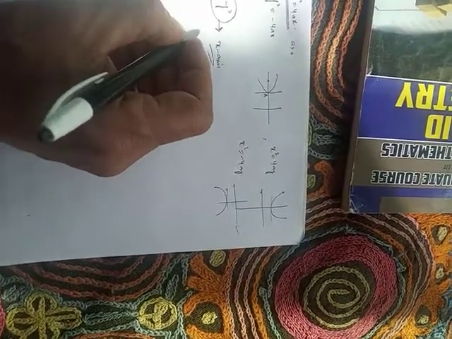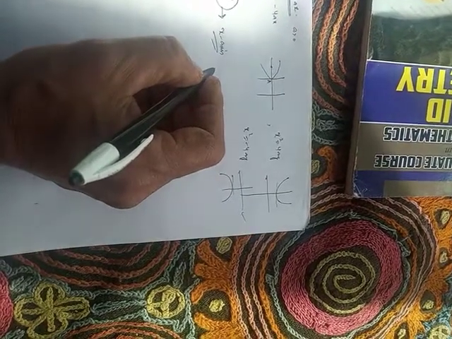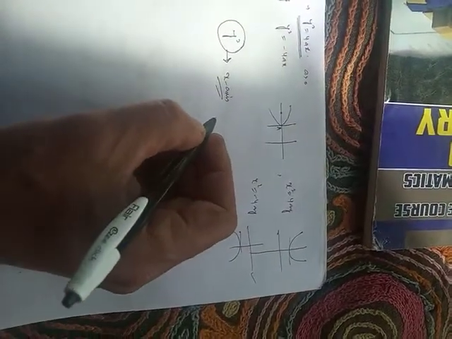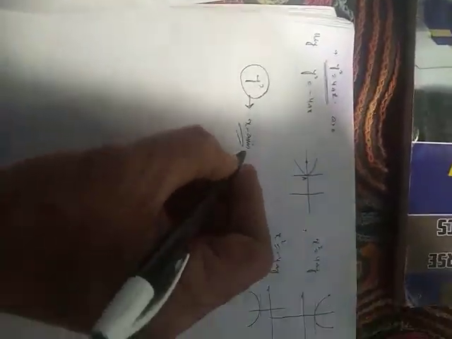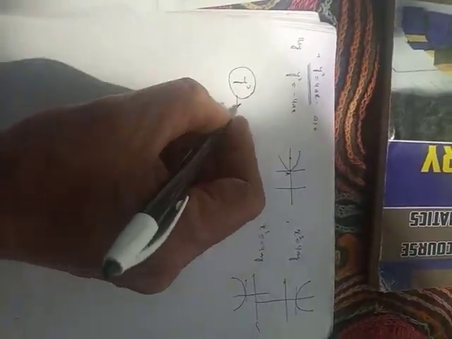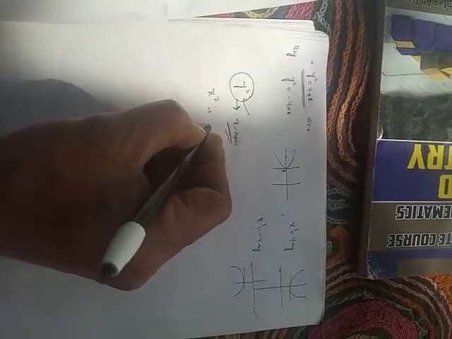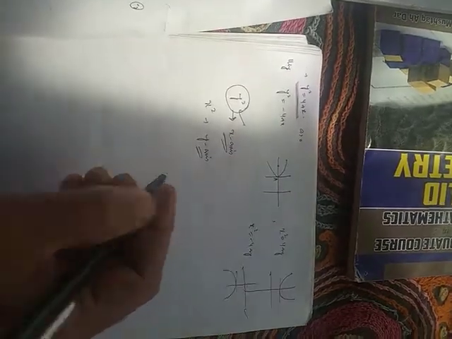And if a is greater than 0, then it will open towards the right side. If it contains a y square term, then it will open on the x-axis, and if it contains an x square term, it will open on the y-axis.